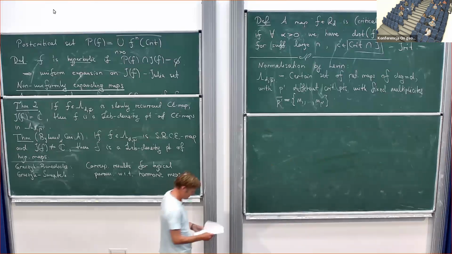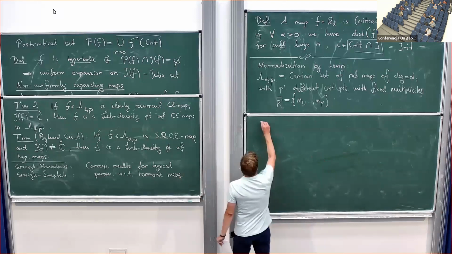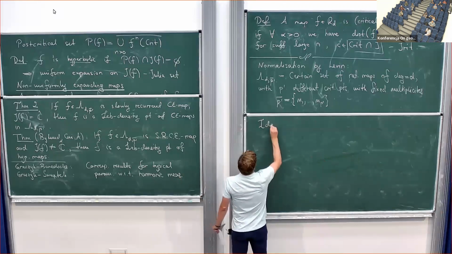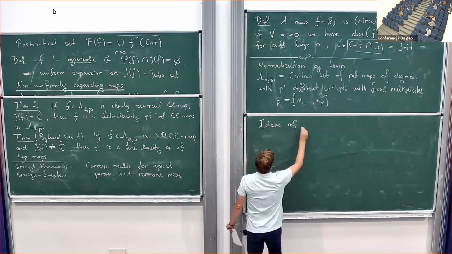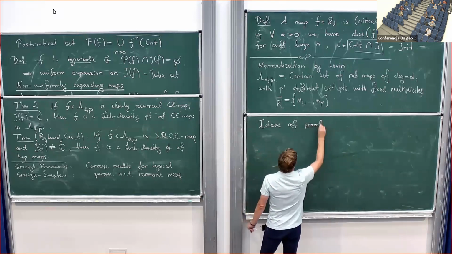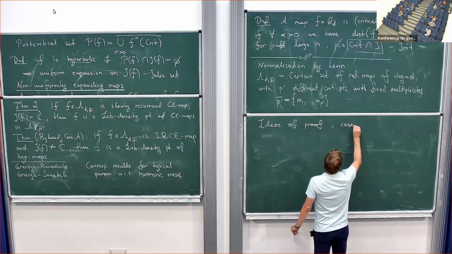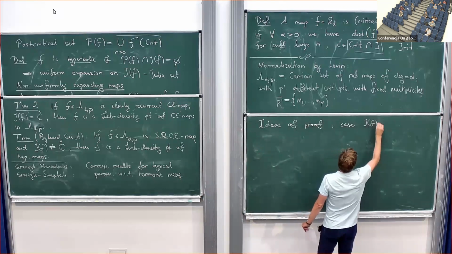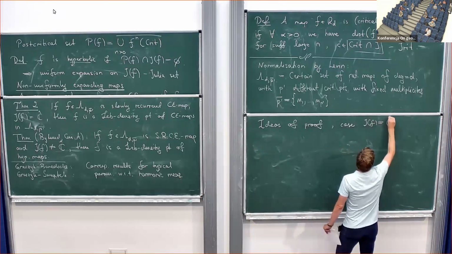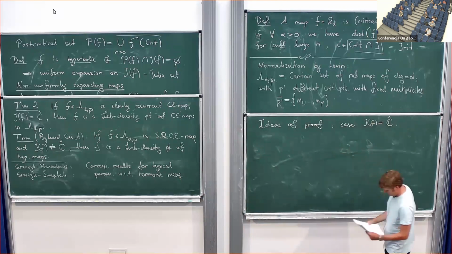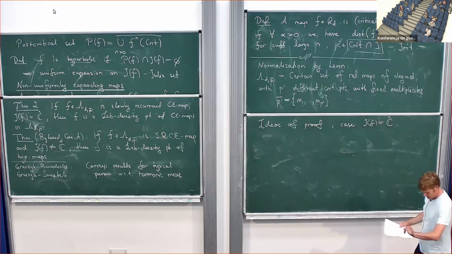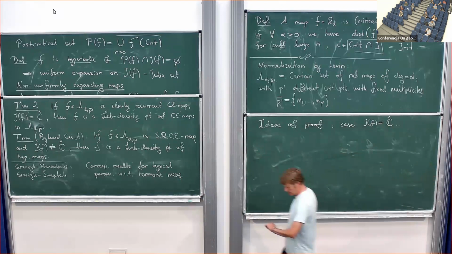Proof. Let's look at the case where the Julia set is equal to the Riemann sphere first, and when it's not equal to the Riemann sphere a little bit later.